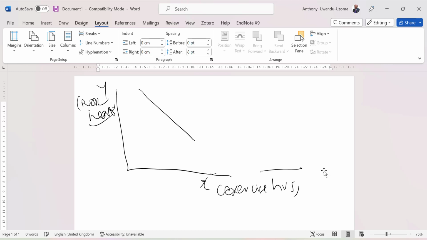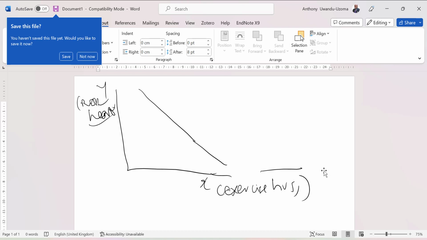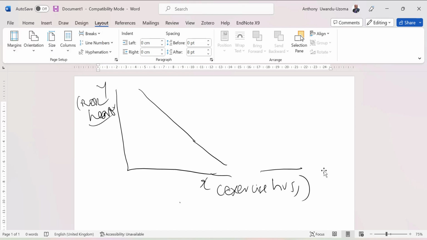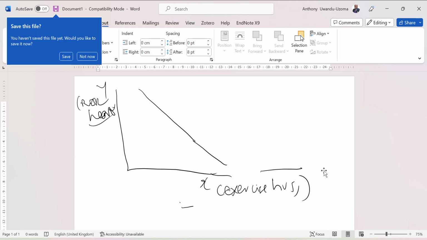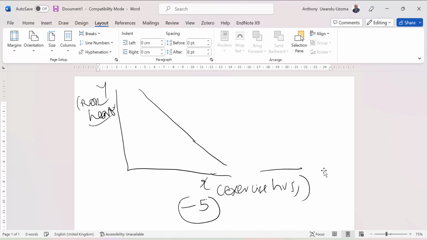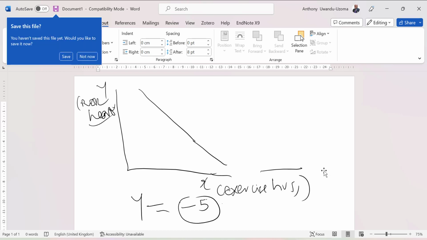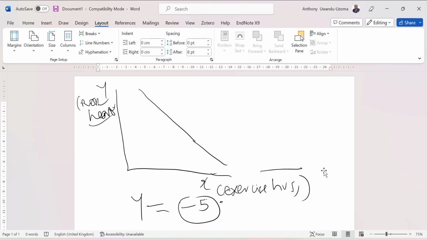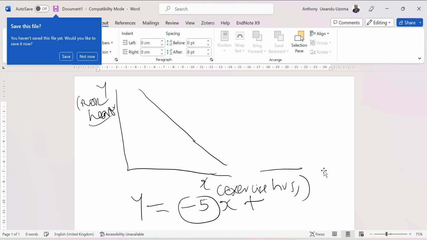Let's say the slope, or coefficient, here is minus 5. So your equation will be y = -5x, where x is the number of hours, plus c.